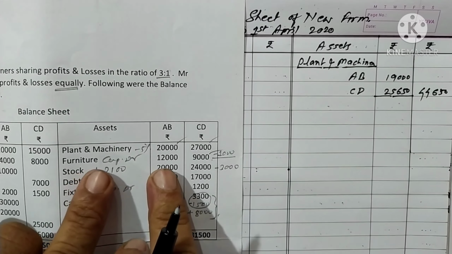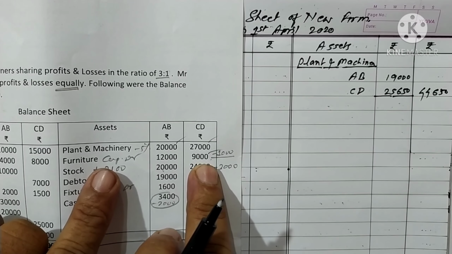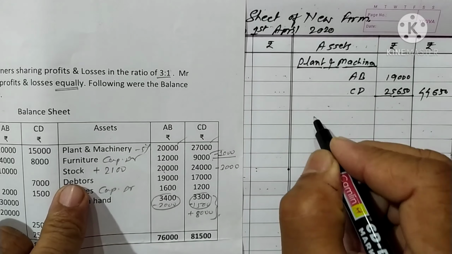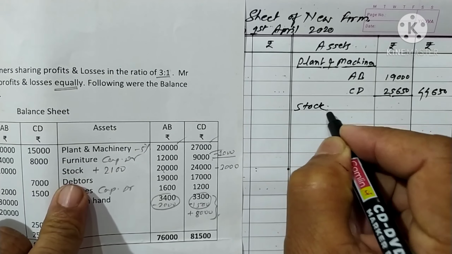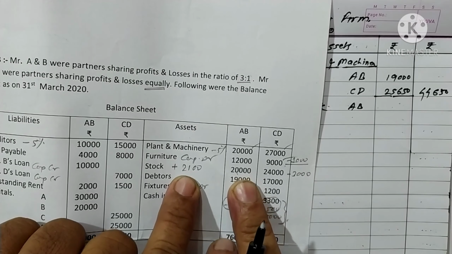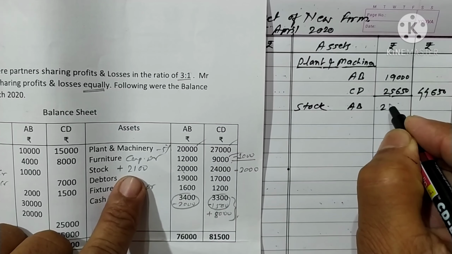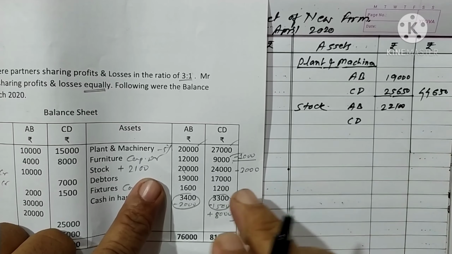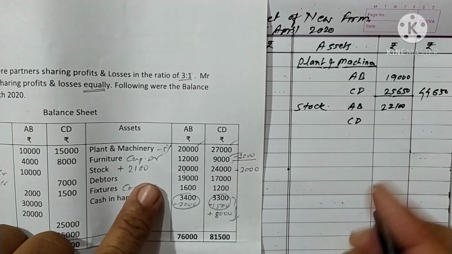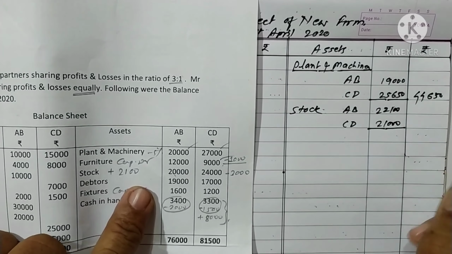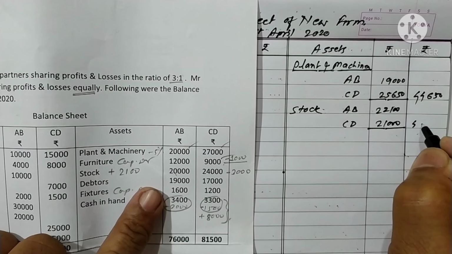Next is stock. Furniture is transferred to partners capital and here CD firm furniture is sold out. Therefore, it will not appear in the balance sheet. Now we write stock of AB firm rupees 2,000 plus 2,200 and CD firm 3,000 minus it comes 21,000. We make the totals, 4,300.